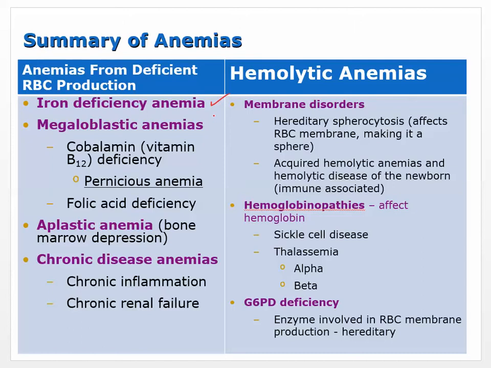You can look through this. Iron deficiency, megaloblastic, so we talked about B12 deficiency and pernicious anemia, folic acid, aplastic anemias, which is all bone marrow suppression, so red, white, and platelet deficiencies. Chronic inflammation and chronic renal failure can cause these.